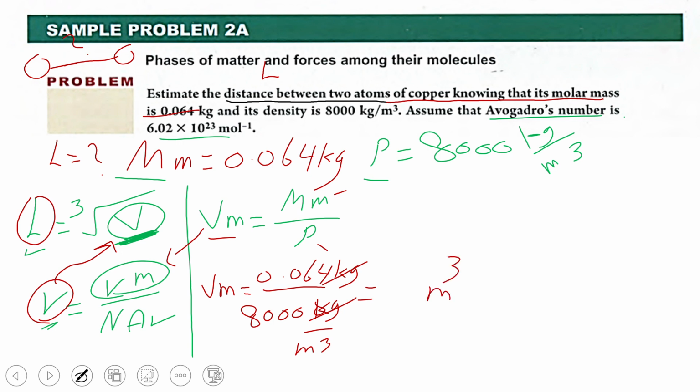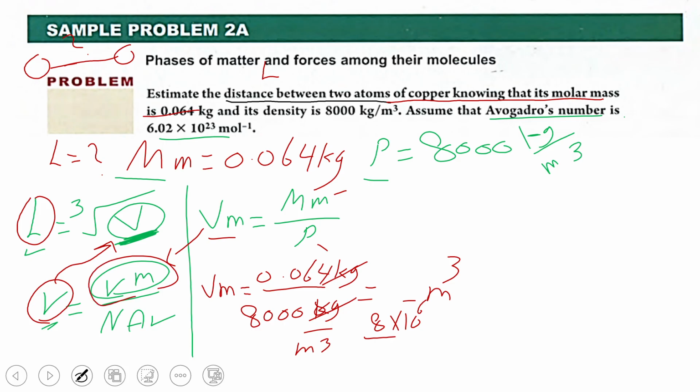Divide by calculator: 0.064 divided by 8,000. The answer, I think, is 8 times 10 power negative 6. This is the answer for Vm, so we have already found Vm.